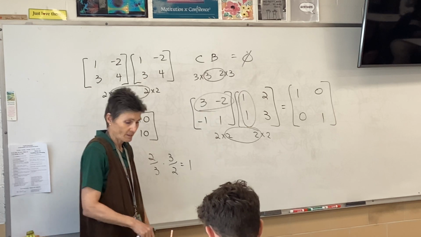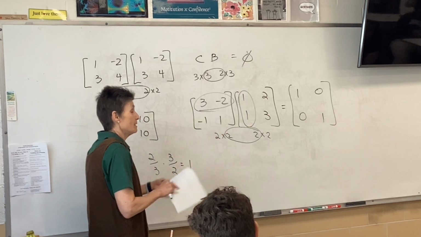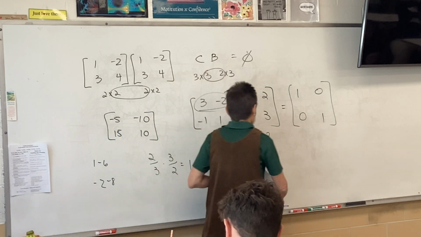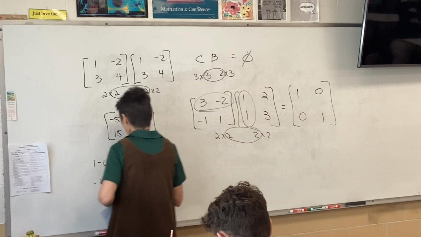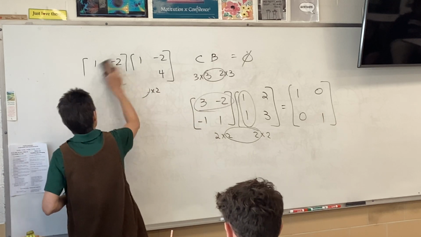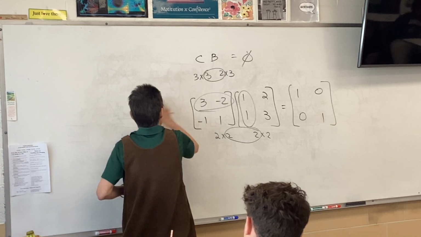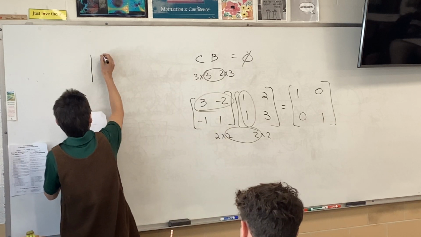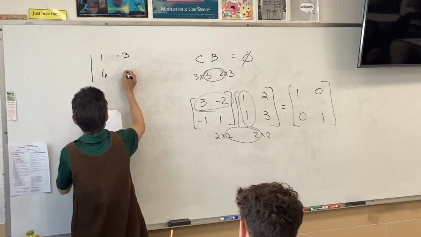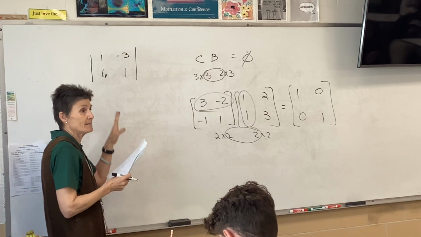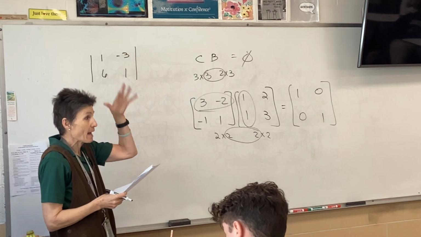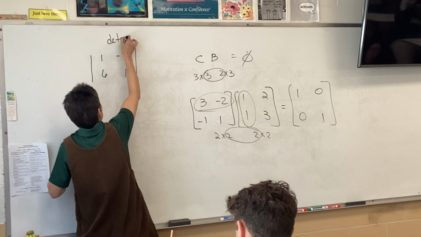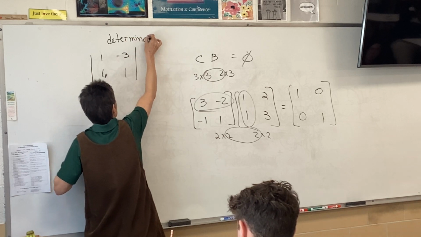Okay? All right. Well, in a little bit, we're gonna find our own inverse, but before we can do that, we have to learn how to find what's called a determinant. So when I look at problem 4, notice that it's not the matrix brackets, it's like vertical lines, like absolute value, and that is the matrix notation for determinant.